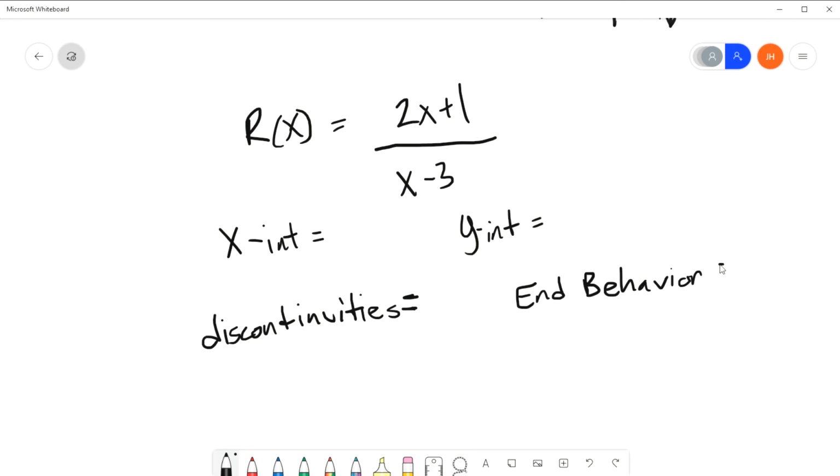In a rational function, these 4 pieces of information are going to be the most essential things to find.